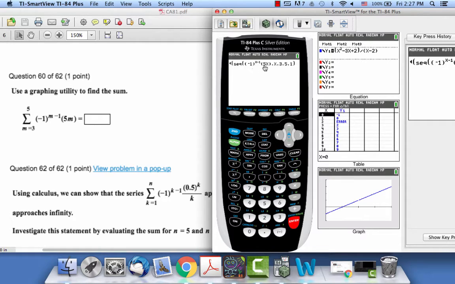Okay, so here's what it looks like if you have to type it in. So the sum is still over there, and then sequence, and then you put in the expression, comma, the variable, comma, the beginning, comma, the end, comma, 1, always. And this is 20. So we would have just put in 3, which would have given us a positive 1 times 15.